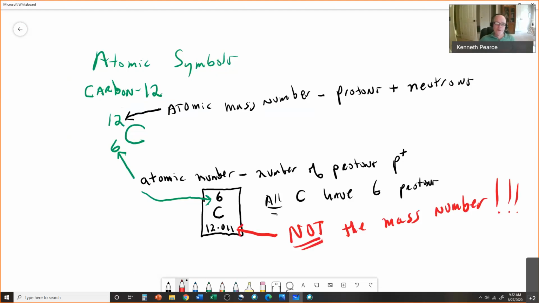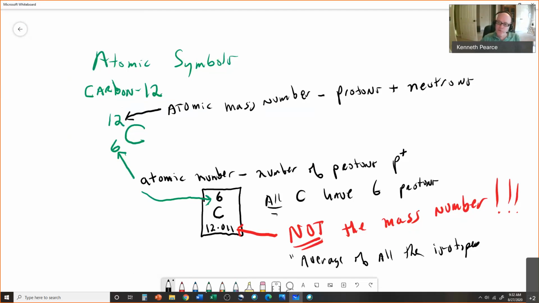Do not be that person. It's not used for your atomic symbol. The atomic symbol is for what's called an isotope. More on that in a little bit, but it is for one particular isotope, and it's definitely not 12.011. What this 12.011 represents is an average of all isotopes. That is an average.